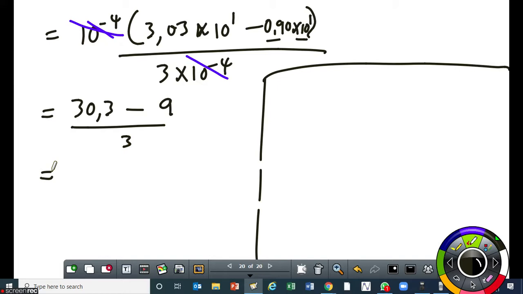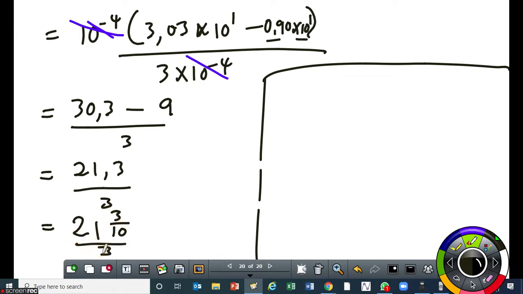And then you end up getting 30,3 minus 9, which will give you 21,3 over 3. Alright? Now, this is very interesting because it will make the answer much better than what it was previously. So I can convert the 21,3 to 21 and 3 over 10, that is all over 3.